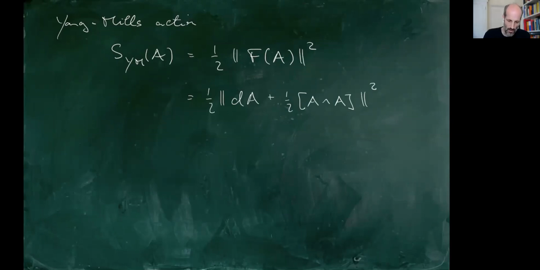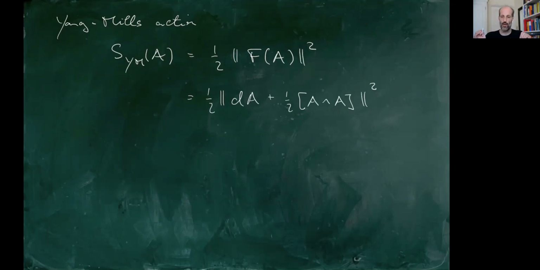And so what we'd like to do is to take the usual program in constructive field theory, which is to construct the Euclidean quantum field theory associated to this action.